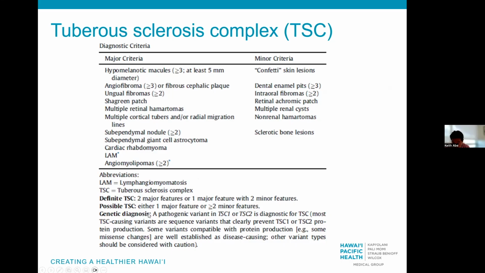A thing that's changed from when I started training to later in practice is that genetic testing is done more often than in the past. Before, it was questionable how much it was needed, because once they have the clinical diagnosis, does it really matter that you confirm it? Now, with more distinctions between TSC1 and TSC2 clinical presentations, I think that's some of the justification.